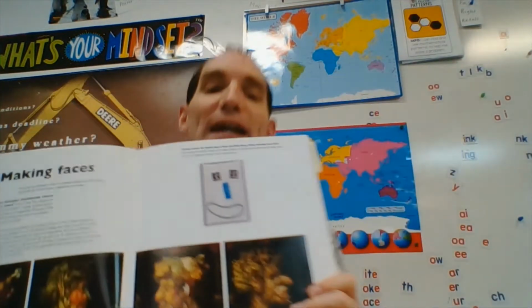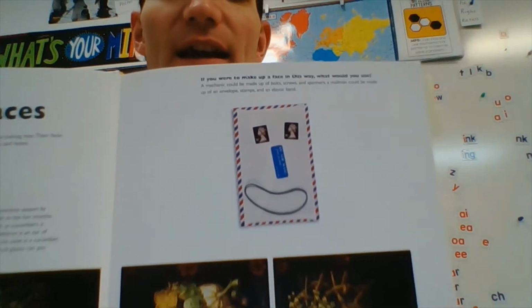All right, now, Art Day. Before we dive into our checklist, let's take a look at a little bit of art. This is called the Art Book for Children. I'm going to show you some famous paintings out of here. First of all, you can make art out of almost anything.